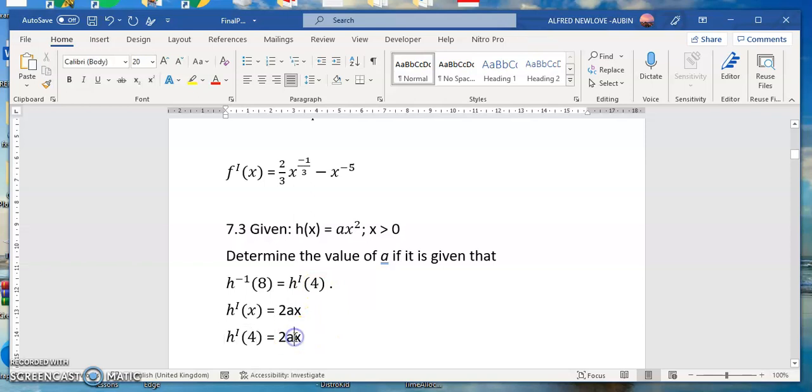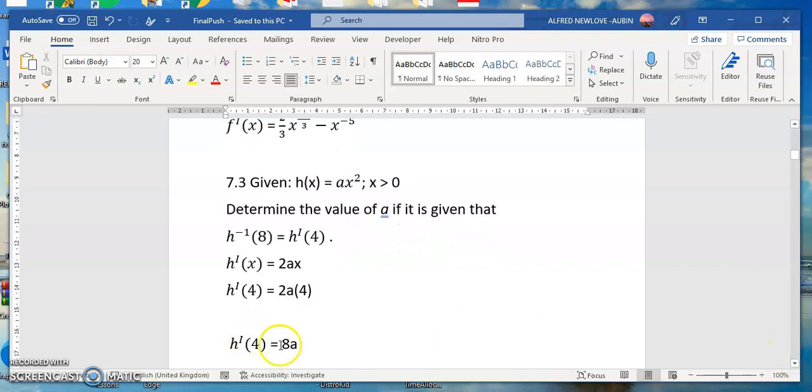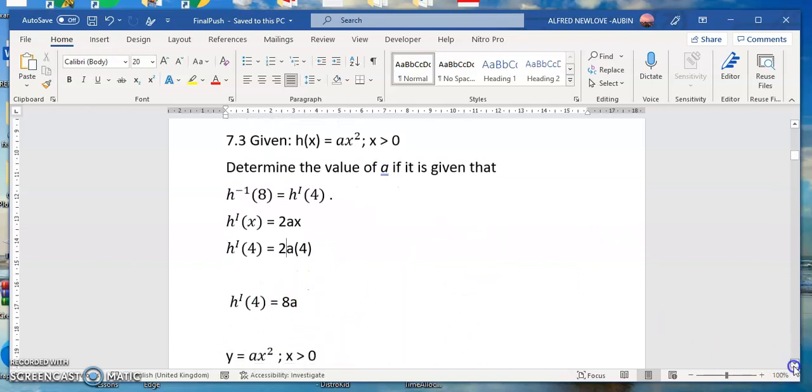Then this side will multiply 4. Then what are we going to have? This 2 will multiply the 4, and it's going to give us 8. So this is going to give us 8a. Okay. We are done with that of the first derivative at 4.